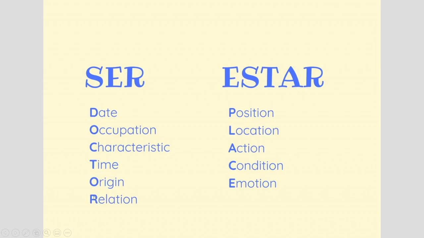On the other hand, estar correlates with the mnemonic device place, such as when you're talking about the position of something, the location of something or someone, the action that somebody's doing, the condition of the environment or the person, and the emotion that that person or dog or animal might be feeling. Every time you're talking about emotions, it's probably going to be that.